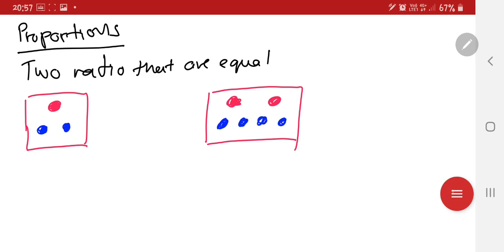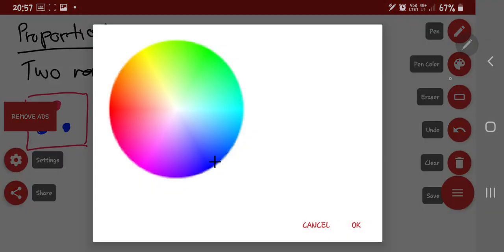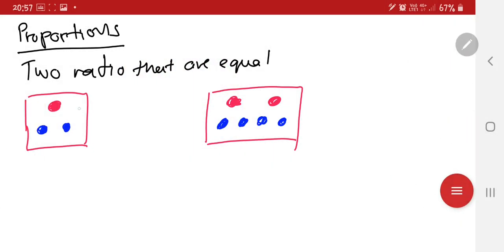In fraction form, you compare the red to the total, so 1 out of 3.